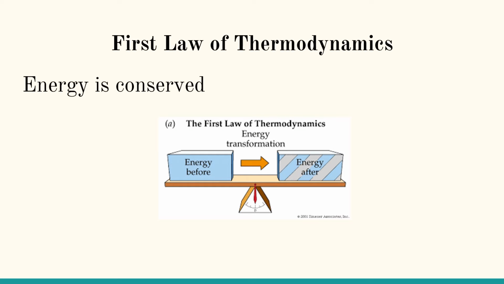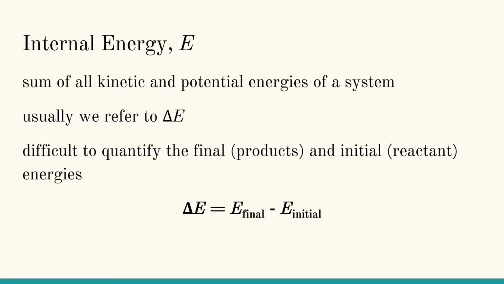Thermodynamics states that energy is conserved. So that's what we're dealing with here. So we talk about the internal energy, which is capital energies of a system. This is usually referred to as delta. Pretty difficult to quantify from mental energy to the initial energy.